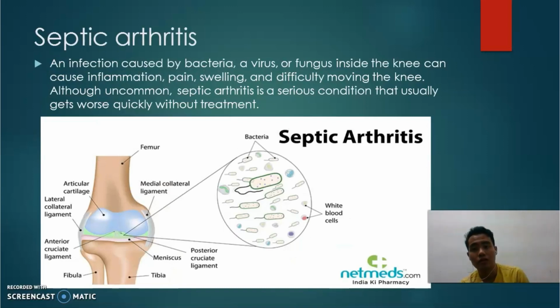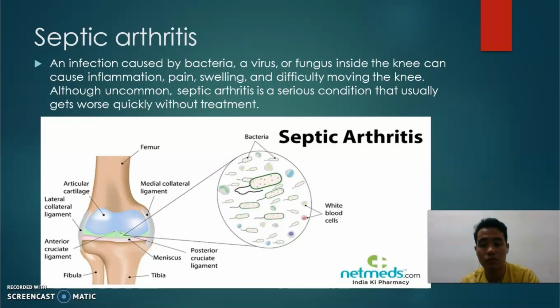Septic arthritis. Septic arthritis is an infection caused by bacteria, virus, or fungus in the knee that can cause inflammation, pain, swelling, and difficulty moving the knee. Although uncommon, septic arthritis is a serious condition that usually gets worse quickly without treatment.